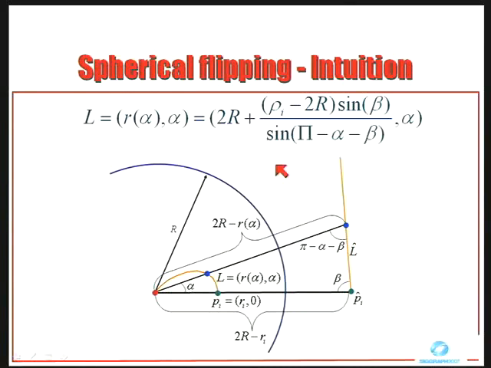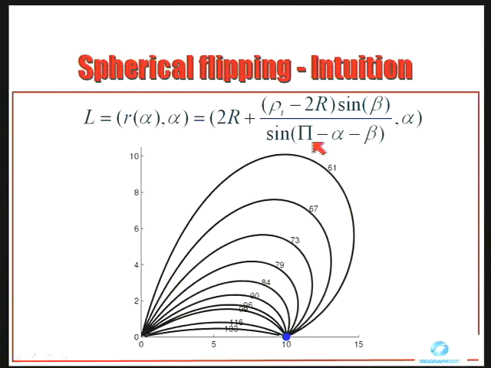If we look more closely at this curve, we can see how the shape and size of L changes as a function of the angle beta, the angle that the line L hat creates with the x-axis.